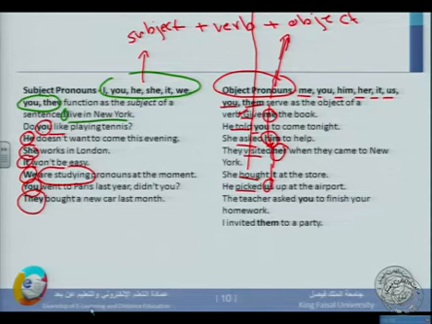The teacher asked you to finish your homework. هذا هو object pronoun, هنا الفعل, وهنا بالضرورة هو الفاعل. I invited them to a party. Again, them هنا object pronoun, وهنا invited هي the verb, and I is the subject.